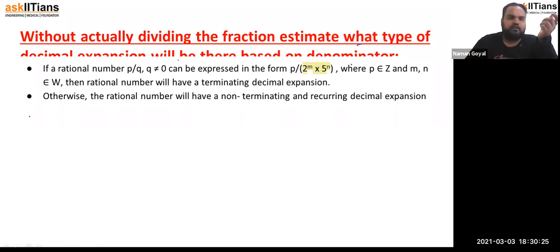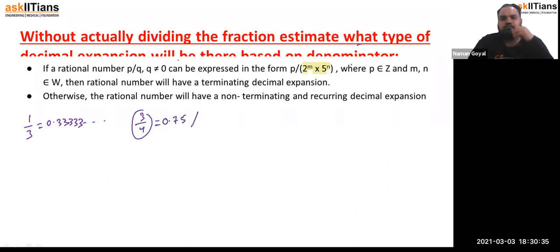For example, if I write down 1/3, it is 0.33333333, and 3/4 is 0.75. So this is terminating and this is non-terminating. So without actually dividing, हमें डिवाइड नहीं करेंगे और हमें ये चेक करना है कि which is terminating or which is non-terminating.